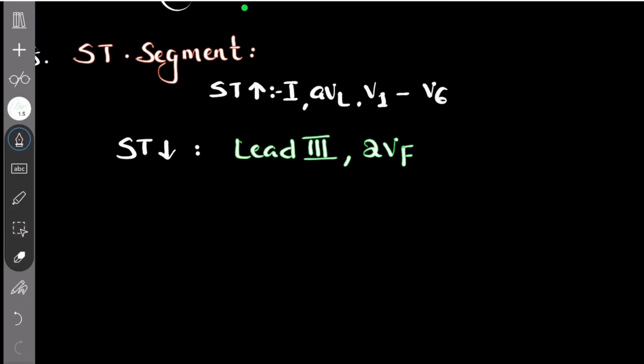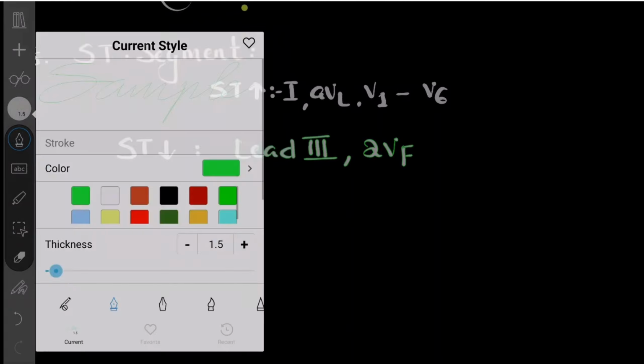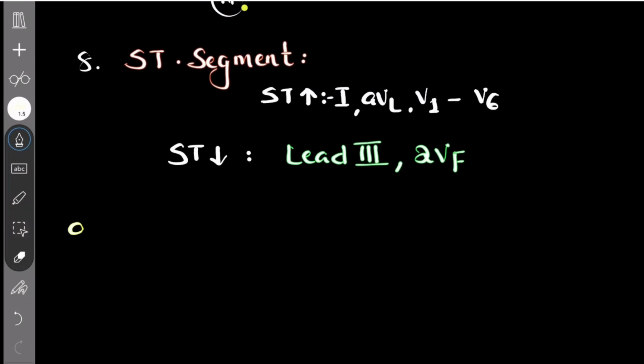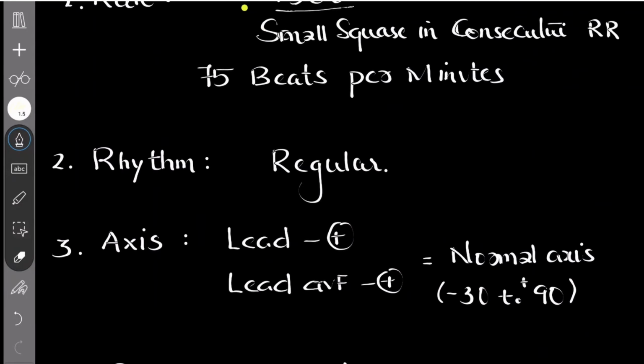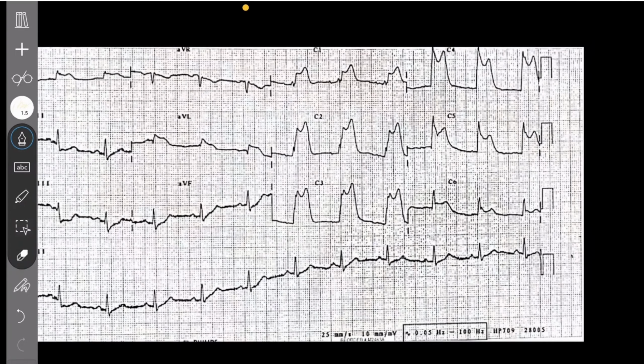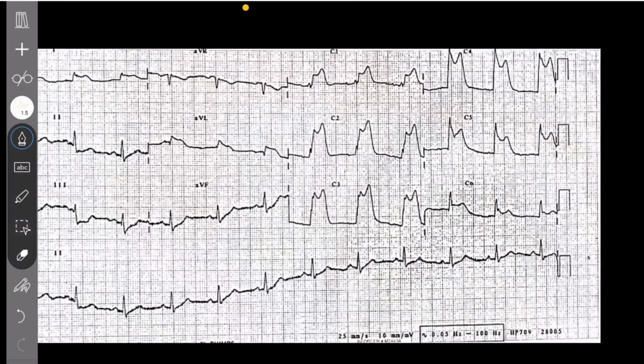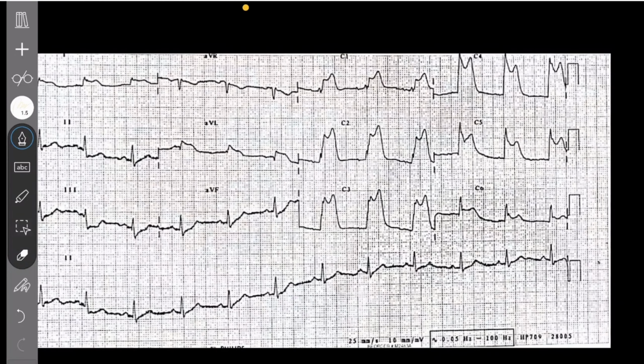Next comes the T wave. When you're checking the chest leads, you see that in V1 the T wave is elevated. In V2 also elevation of T wave, V3 also elevation of T wave, V4, V5, and V6.